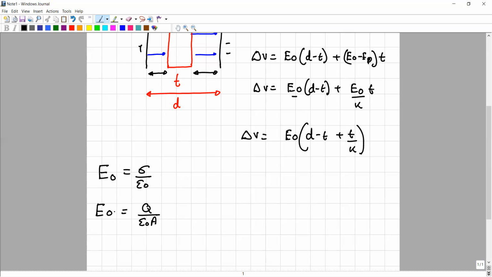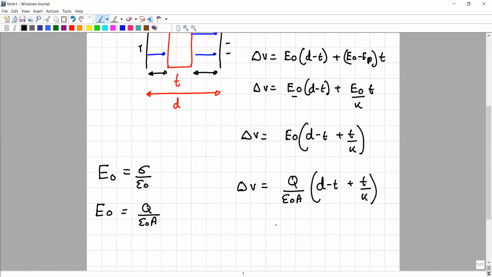So again, here we see that E naught can be written as charge over area; this charge over area has come from sigma, the surface charge density. And then our potential difference will become Q by epsilon naught A, into D minus T plus T over K.